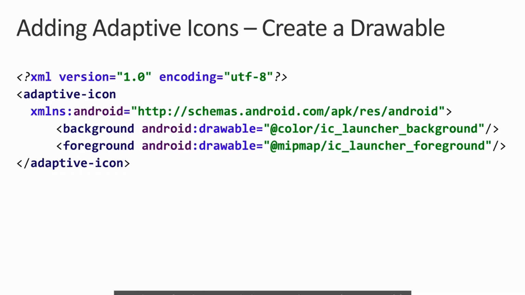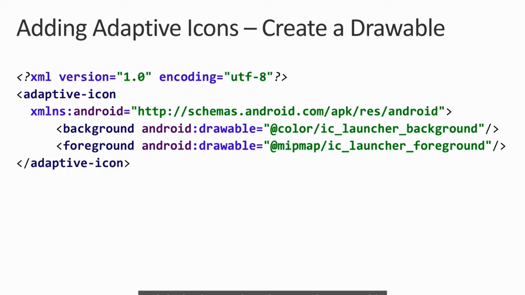Creating adaptive icons is just creating another drawable. That's all an adaptive icon is. As we can see here, this would be an example of an adaptive icon drawable that would be created and added to the resources folder of your application. It is a new element, adaptive-icon, and it in turn is the parent to two new elements, background and foreground.